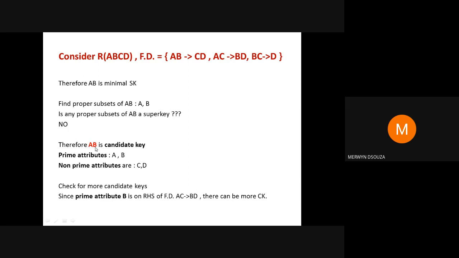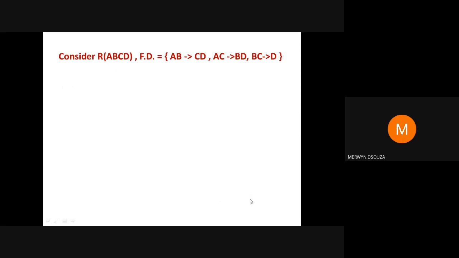As you can see here, prime attribute B is present on the right hand side of this functional dependency. So there can be more candidate keys. Check now whether there are more candidate keys.